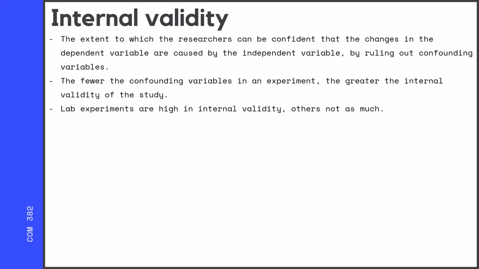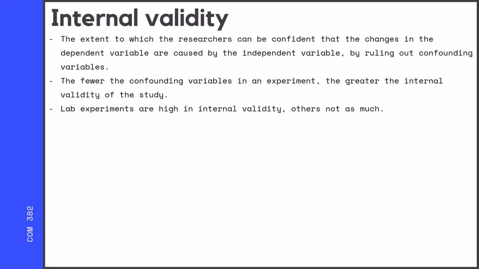So internal validity is extremely important for experiments, because we are trying to isolate just the manipulation or the treatment as the cause. And so we need to say, was everything else the same? Internal validity is the extent to which researchers can be confident that the changes in the dependent variable are caused by the independent variable, ruling out any other factors.